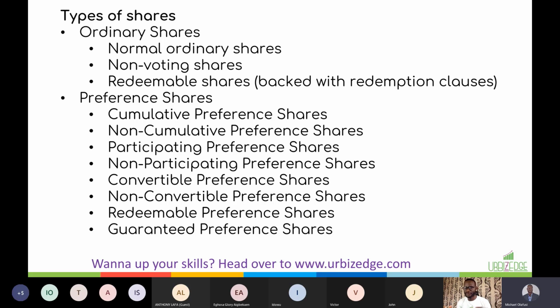There are many words people use, but ordinarily it's the same thing: we put a redemption clause. If you do not stay up until this length of time, we are going to redeem it at the nominal value, or we even redeem it at 0, which is why some people use the word vested, which means you can't even claim it, it becomes worthless to you if you do not stay that vesting period.